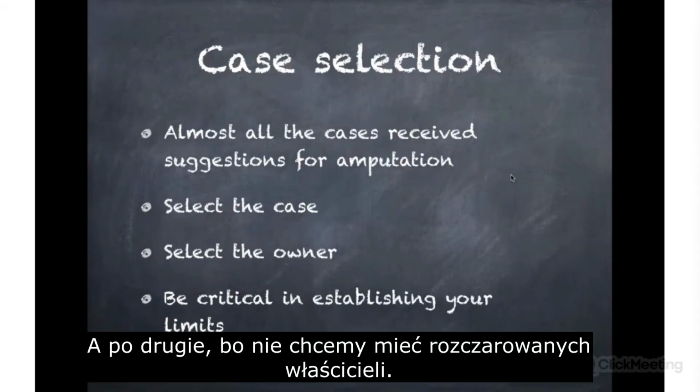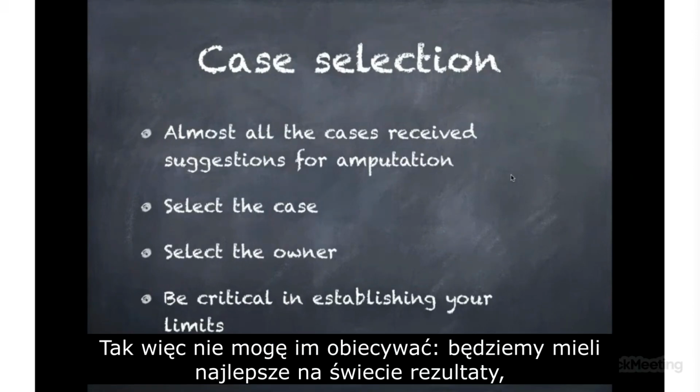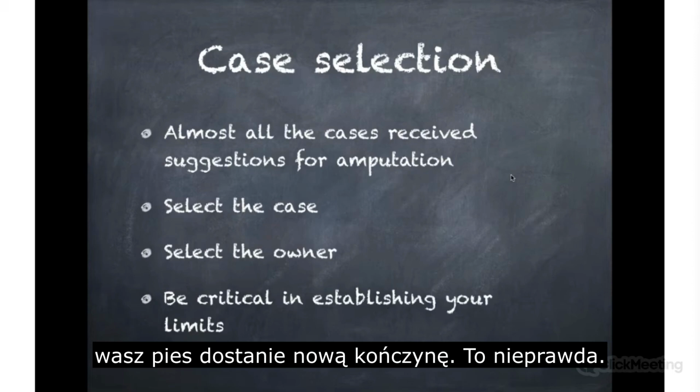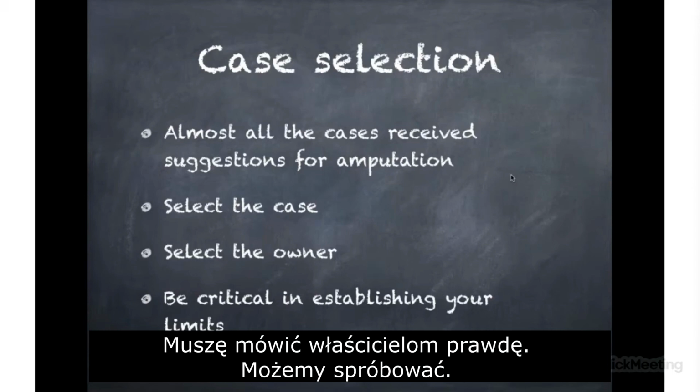Secondly, because we don't want to have disappointed owners. So I can't promise them we will have the best result in the world. Your dog will have a new limb. This is not true. So we have to tell the truth to the owner and say, okay, we can try.